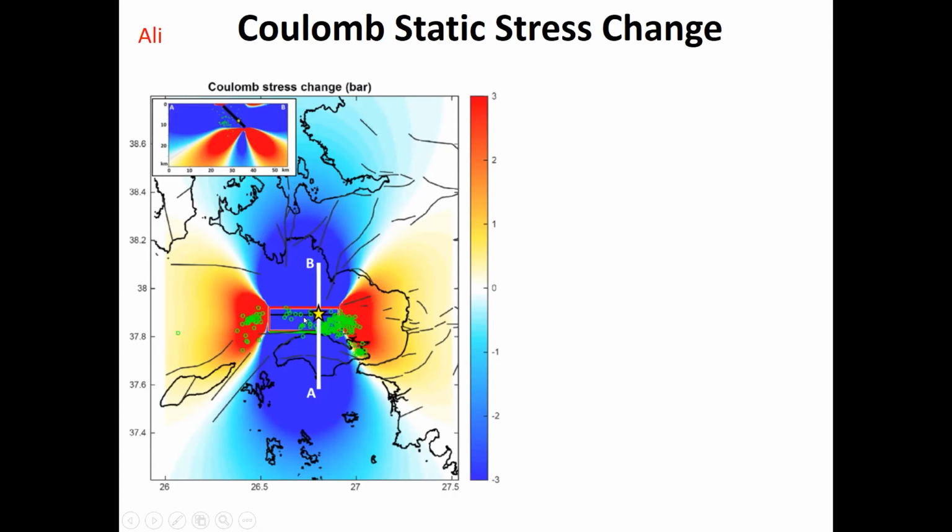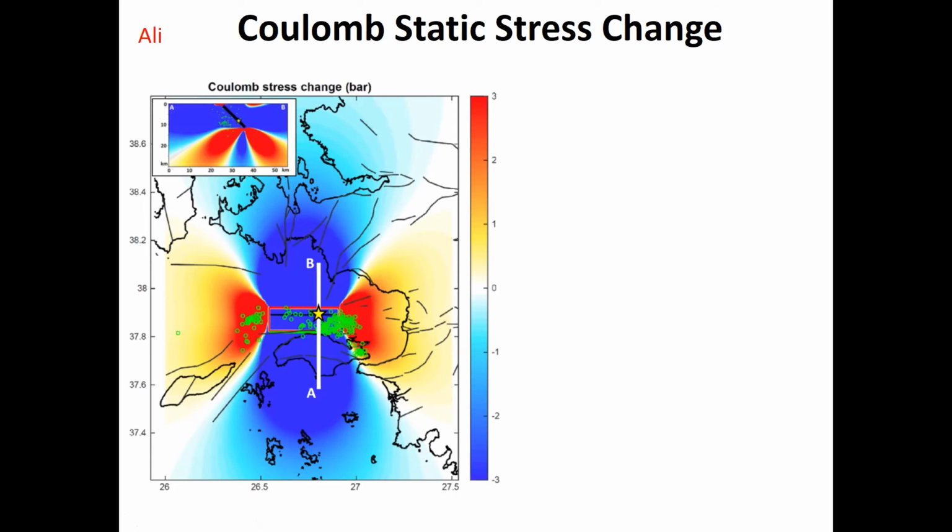And actually, we know that aftershocks tend to occur at locations where the stress is increased by the main shock. We know that the stress was completely released by the main shock, but although we have such a stress release, we still can observe some aftershocks on the ruptured fault plane. The reason for this could be explained by the variable slip model.